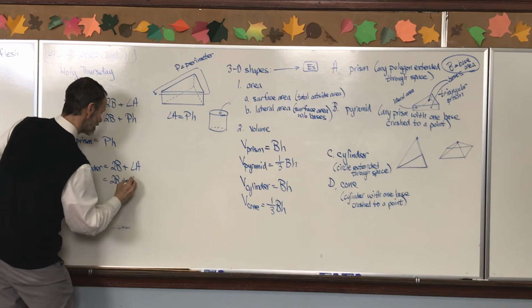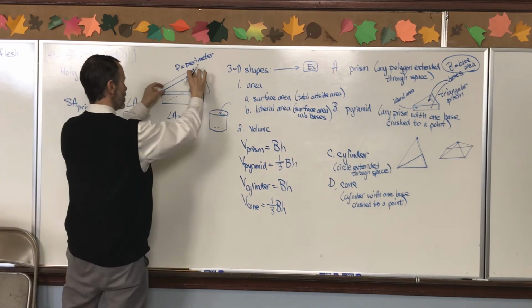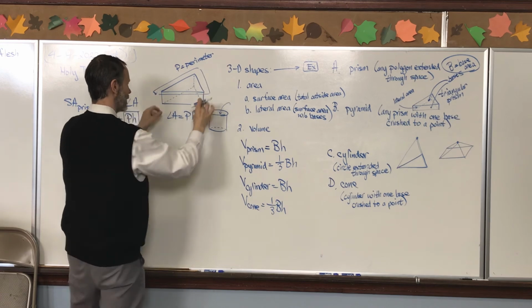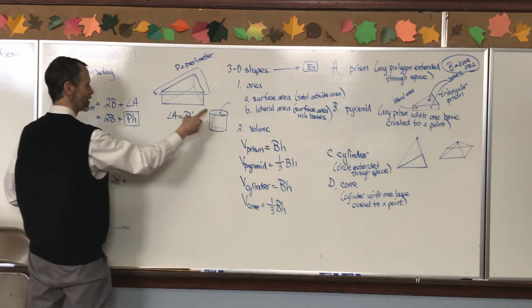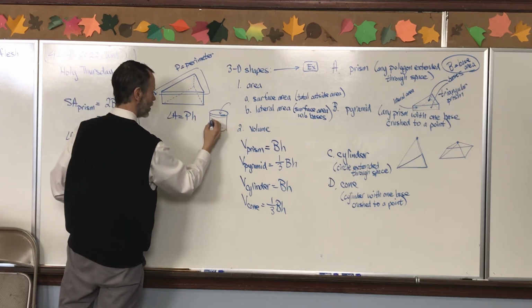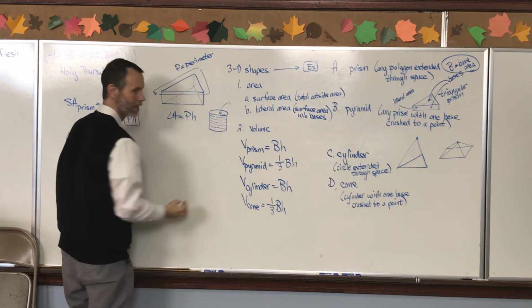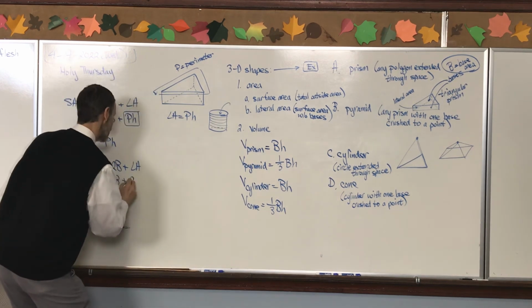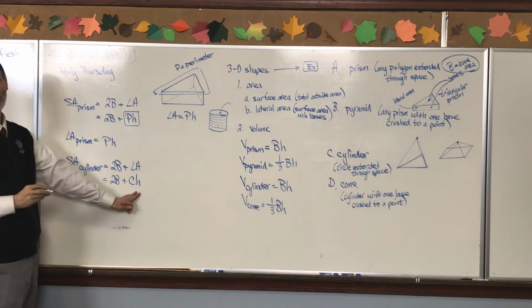Write this down, everybody. Perimeter times height is perimeter, perimeter, perimeter, perimeter, perimeter, and it'll give you a hollow shape. If you have a circular one, what do you call the perimeter of a circle? Circumference. Circumference times height, which, by the way, is 2 pi r h.